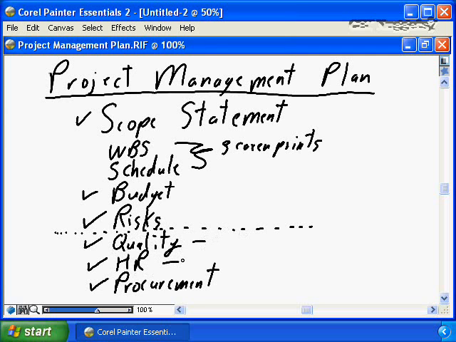Similarly, if it's a small project involving 2 or 3 team members, you've already worked with the human resource department to identify who the team members are going to be, when they're going to join the project. There's no specific training. The project team is small, so you don't need specific team contracts. That may be eliminated from the plan altogether. And depending upon the size and the magnitude of the procurement requirements for your project, again, that's a component that is optional based on specific project size and complexity.